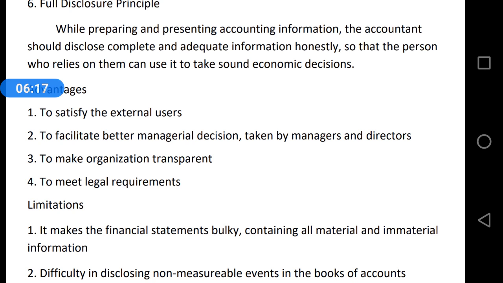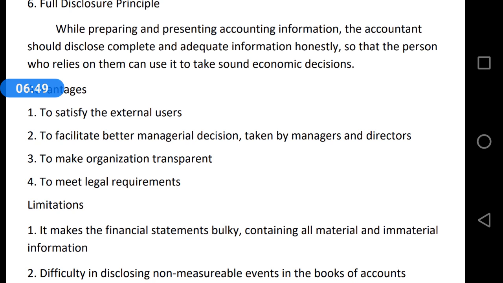This is to satisfy the external users like shareholders. In case of shareholders, their decisions regarding investment will depend upon the accounting data given by the accountant, right? Whether to invest or not. So to take effective decisions, complete information about the business is necessary.